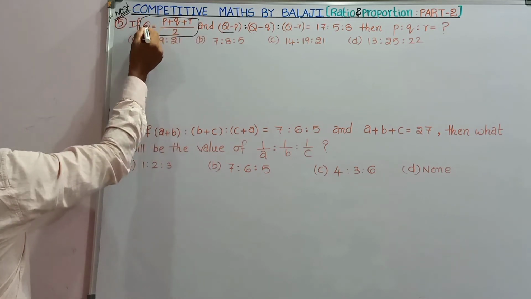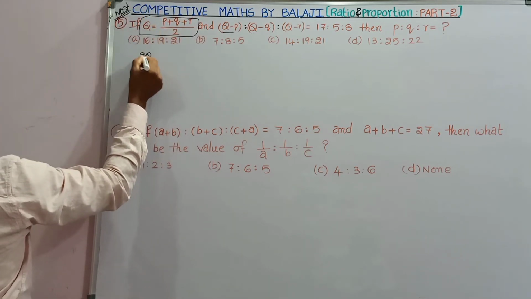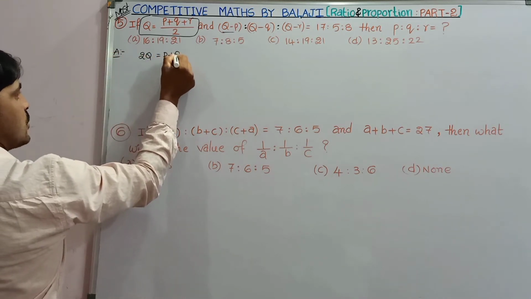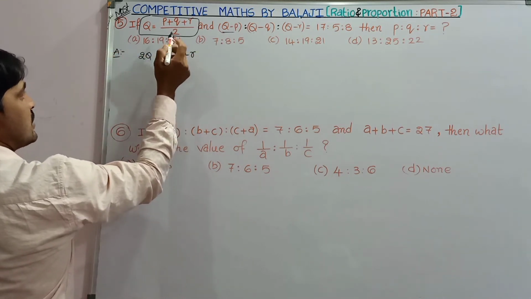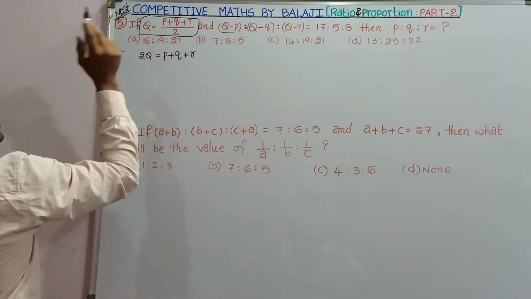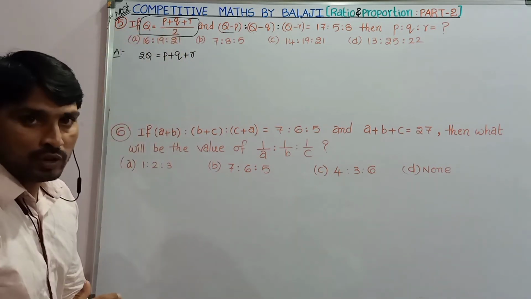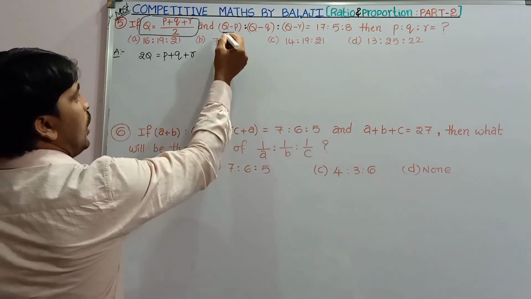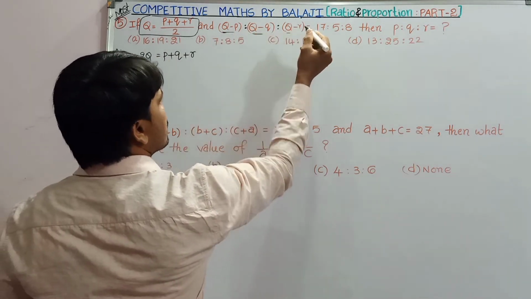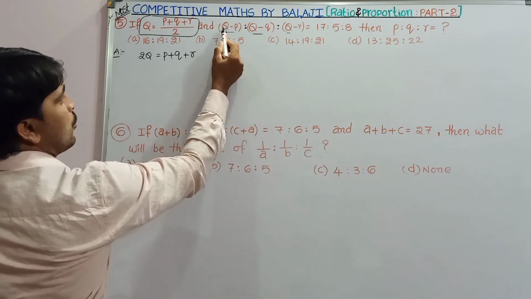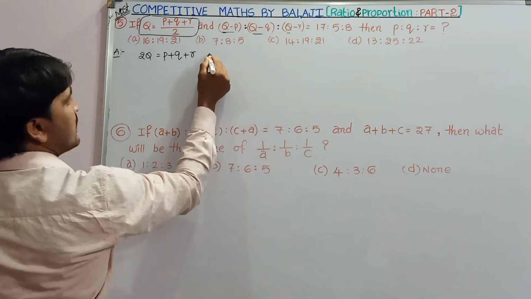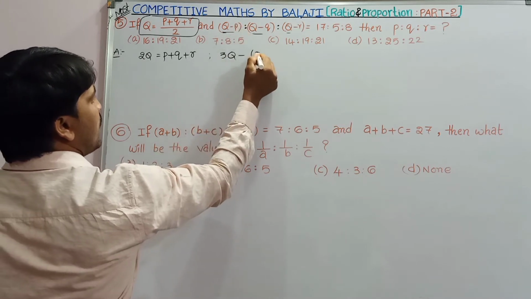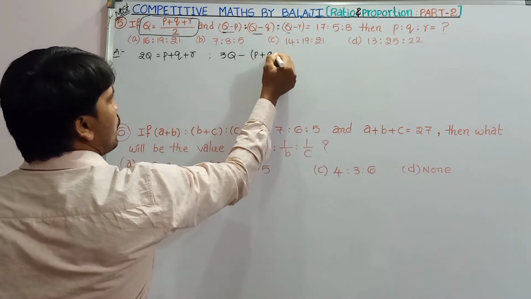That is 2 into q equal p plus q plus r. Transform this denominator from RHS to LHS, it will become multiplied quantity. So 2 into q equal p plus q plus r. And now add all the three terms of the ratio. q plus q plus q, that is 3q, minus of p plus q plus r.